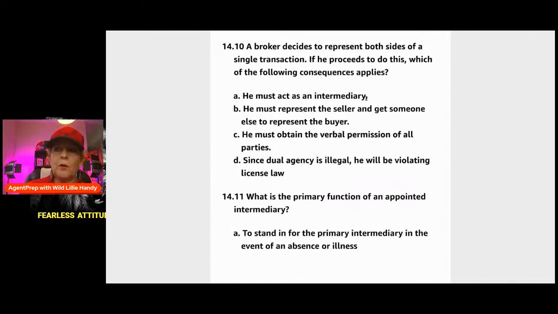So the broker is going to be an intermediary, okay? They're not a dual agency. They're not representing each client directly, right? Remember, they don't give advice. They're like the mediator.